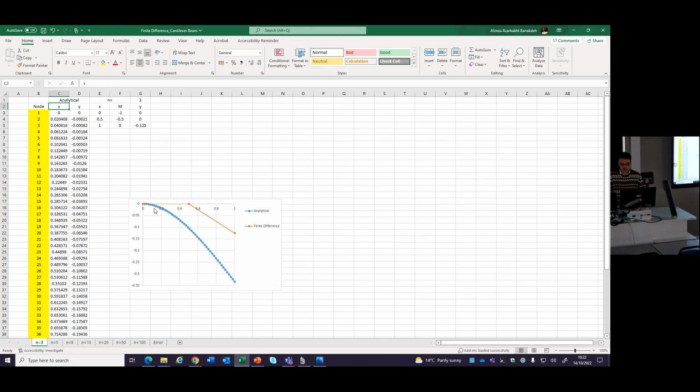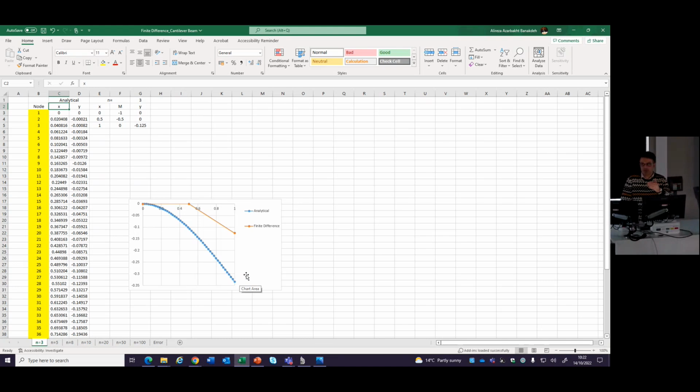That's why this curve is the analytical solution, right? I use all the 50 points just to have a real, correct analytical solution. So this is 0.